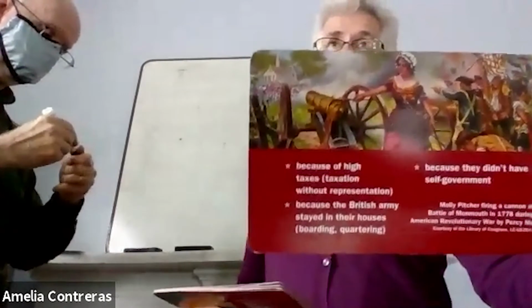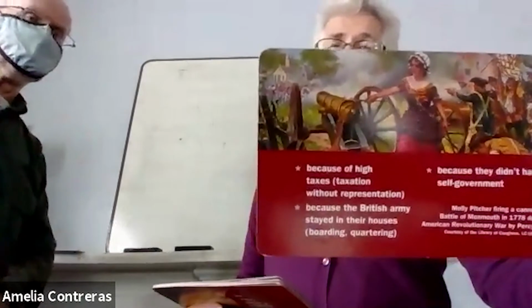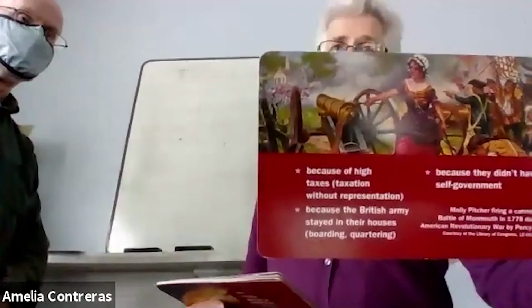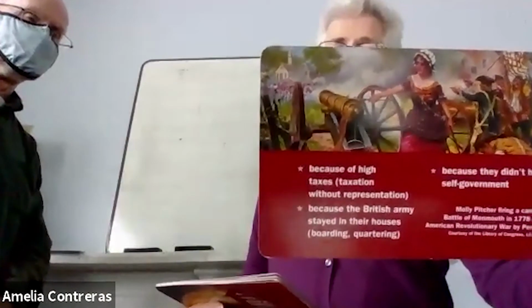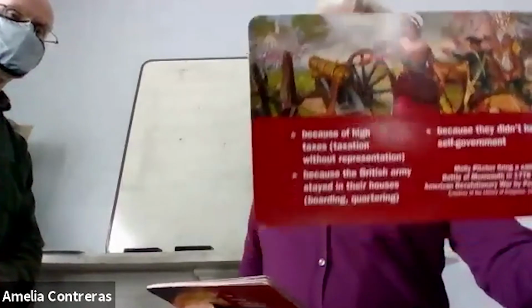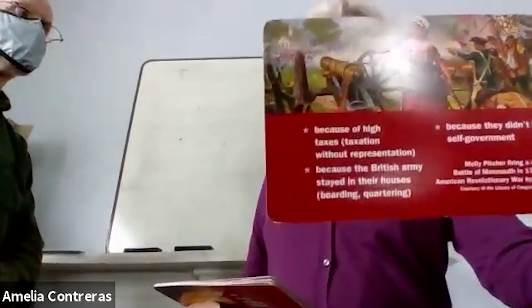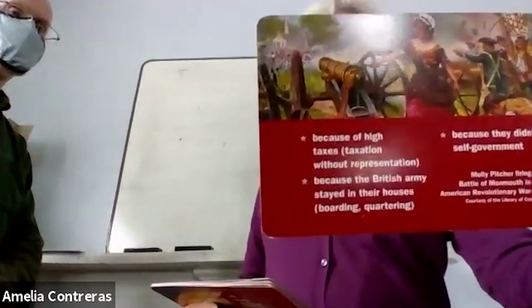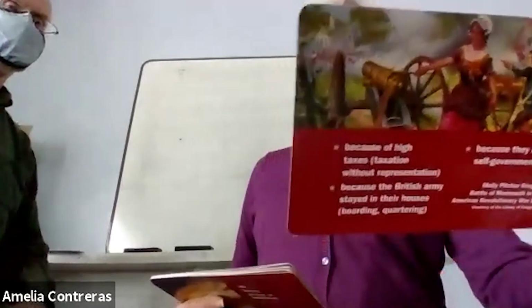Because of high taxes or taxation without representation, because the British Army stayed at their houses, quartering, because they didn't have self-government. Most students remember because of high taxes, the easiest one. High taxes. Nobody likes high taxes.